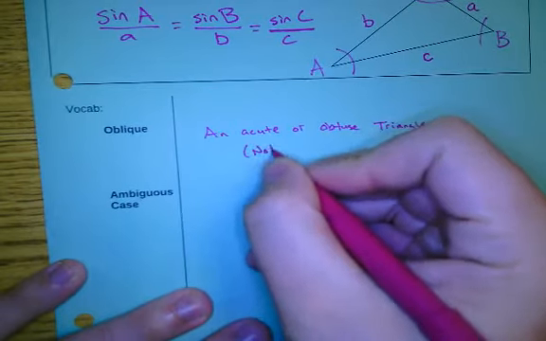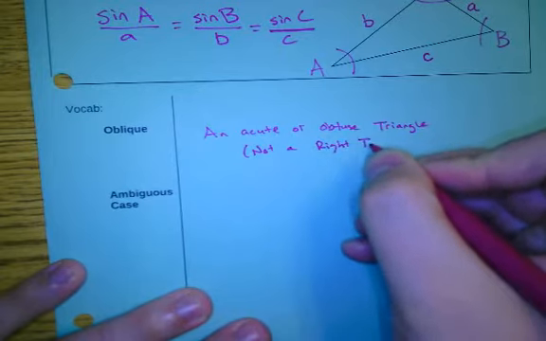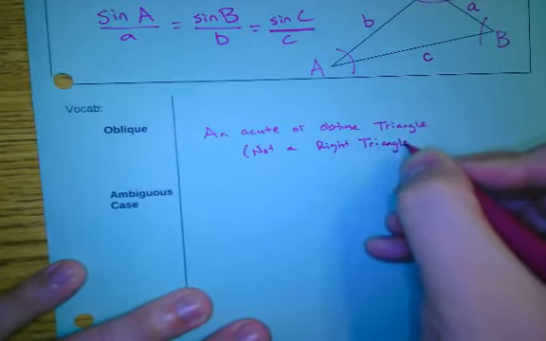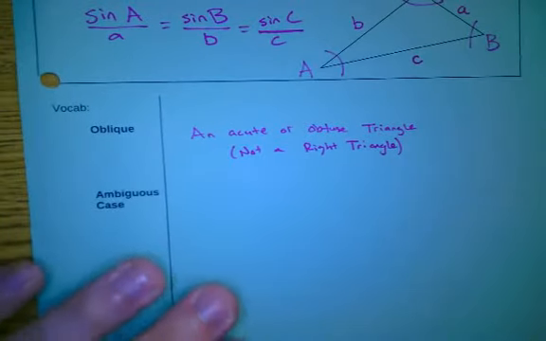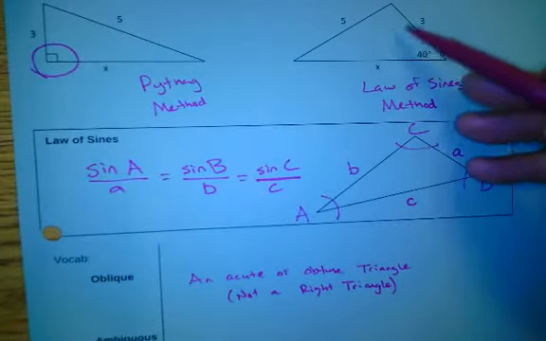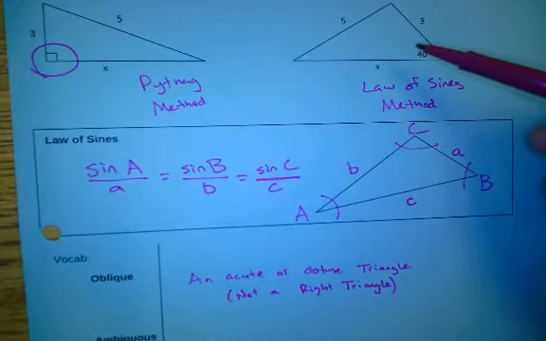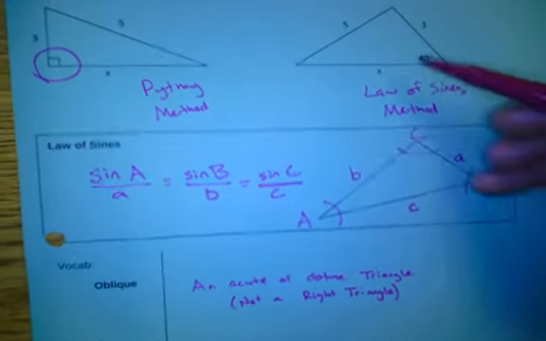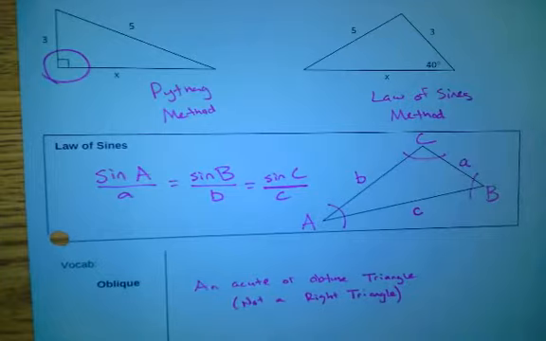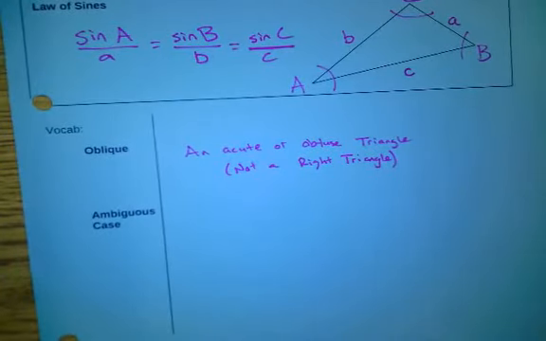Pretty much, it's not a right triangle. So this triangle up here to the right on the top is oblique, because it's not a right triangle. Well, we don't think it is. We don't know for sure, because not all the angles are here, but it looks oblique. So oblique just means that's when you use law of sines.